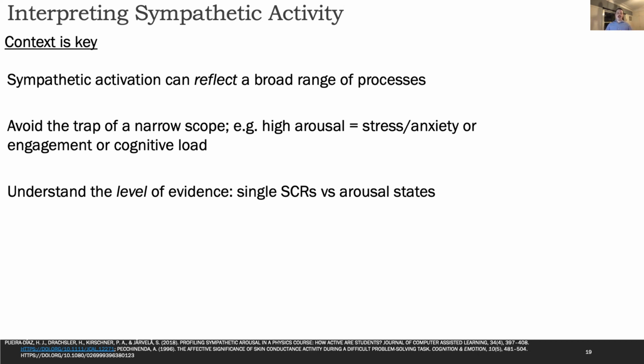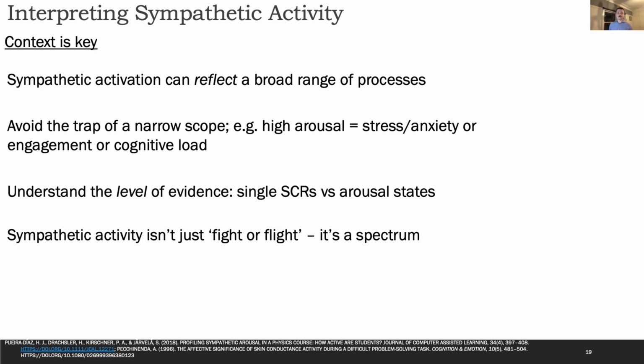While it might be very accurate of an individual process, it's unlikely to translate into a classroom, for example, where you have 1,000 different processes and factors taking place. Whereas if you're looking at something that's more generally looking at arousal states, and perhaps the research is taking place in an ecologically valid environment, then you might be able to draw more realistic conclusions from that evidence.